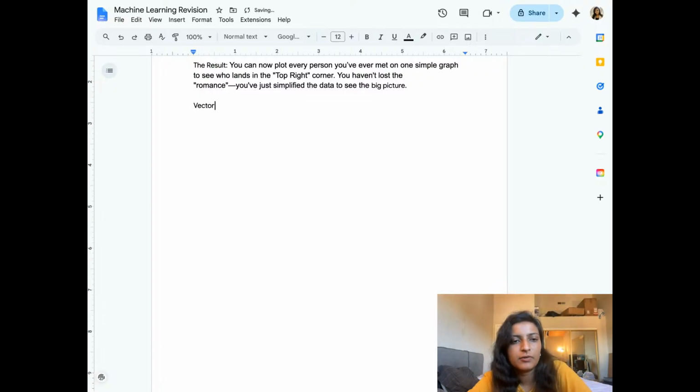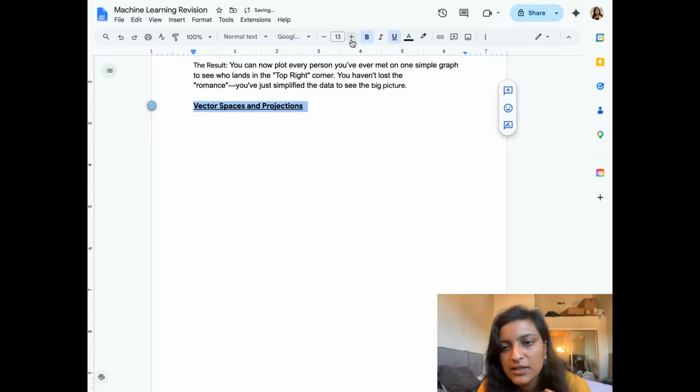We have another concept called vector spaces and projections. A vector space is a set of vectors closed under addition and scalar multiplication. Projecting data onto principal components is literally this operation.